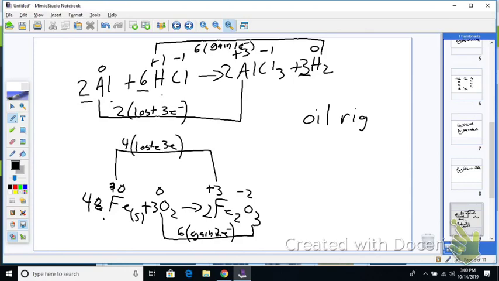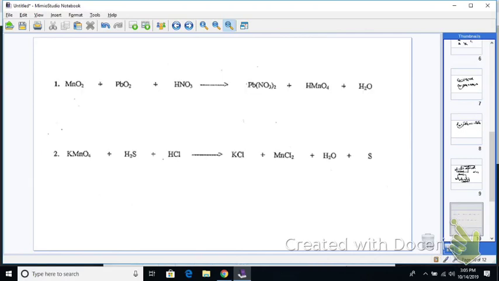So, okay. What I'm going to do is I'm going to give you a sheet, and then we're going to work through a problem together. So on your worksheet, you got number 1, and you were asked to go through and find all your charges.